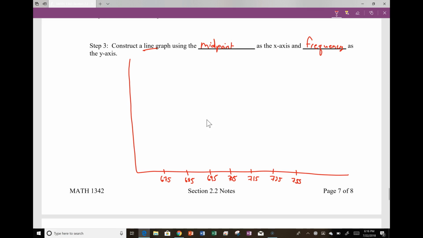Now these values represented our eruption times. I'm sorry, this was actually time between eruptions. So let me get rid of this. It was time between eruptions, and that was measured in seconds.